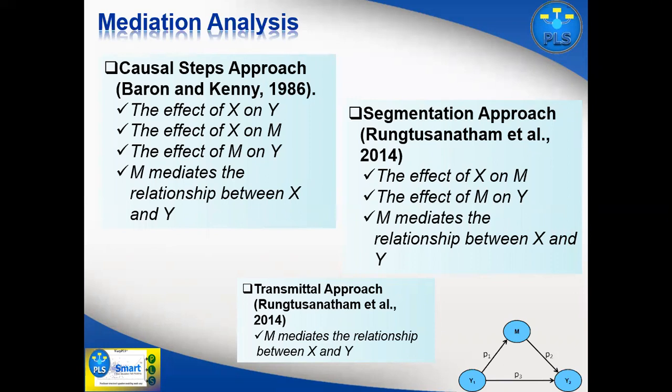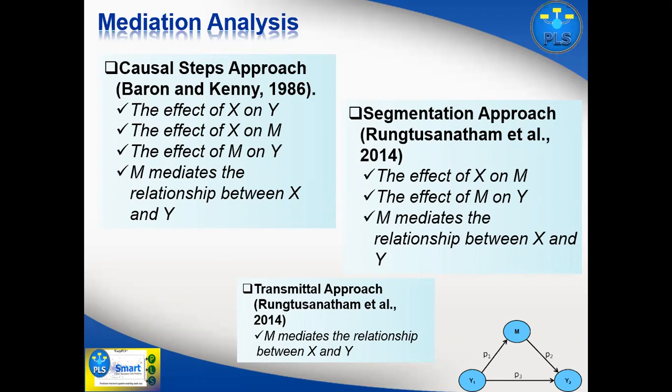That means there is no test of the effect of X on Y. Do you understand? The direct relationship between X and Y is not there. If you are testing the relationship between X and Y, X and M, M and Y, you are doing Baron and Kenny. But if you are testing the effect of X on M, then the effect of M on Y, then you test for mediation, you are doing the segmentation approach.